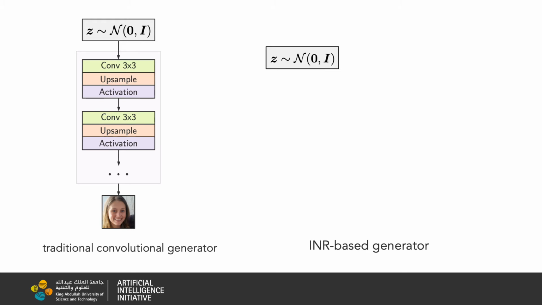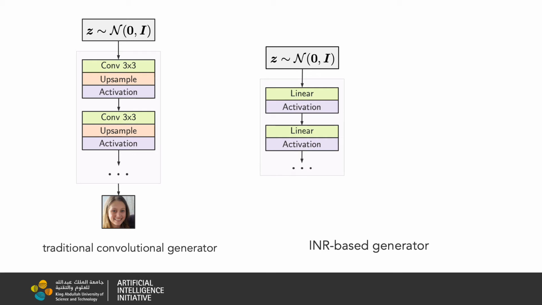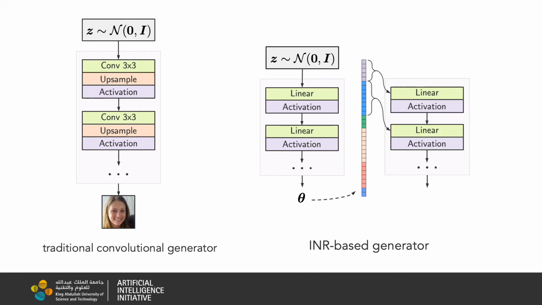It samples input noise and passes it to a fully connected neural network that produces the parameter vector. This parameter vector is then plugged into an INR, a neural network, which is evaluated at each location of the predefined coordinates grid. And this gives us the pixel-based representation of an image.